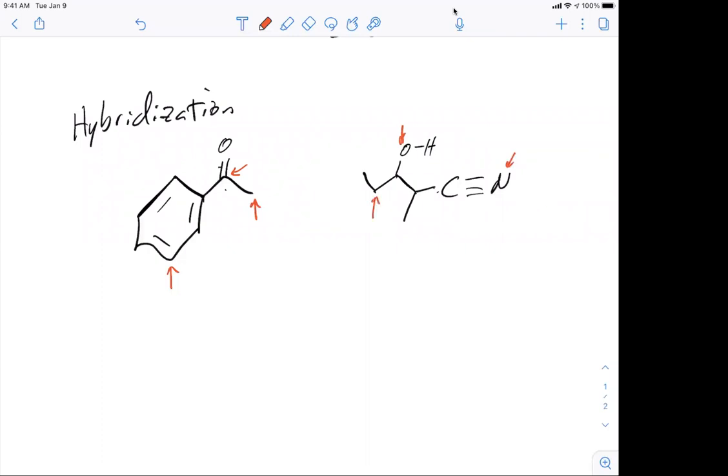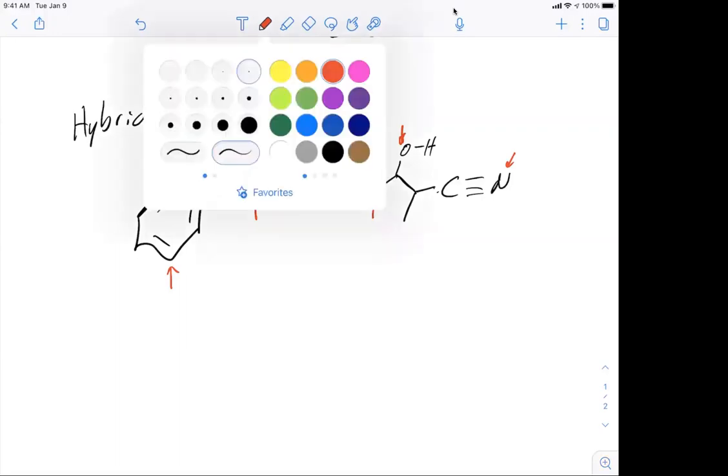Give me the hybridization of those atoms that are marked. Okay, let's take a look. Again, hopefully this is going to be pretty quick.